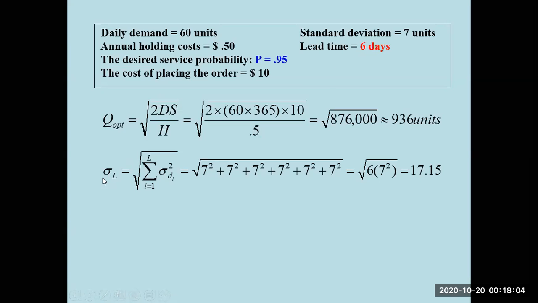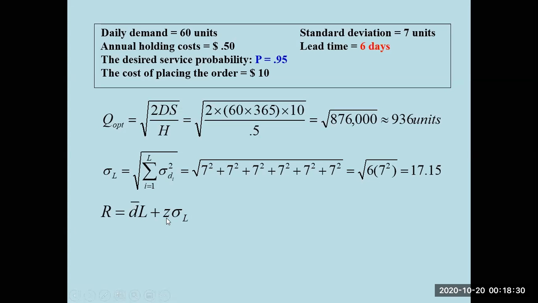So the standard deviation during lead time equals the square root of L, lead time, times the standard deviation squared. So this is the standard deviation during lead time.